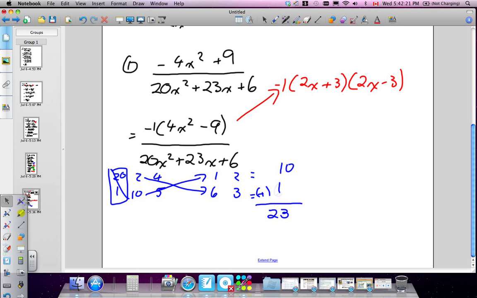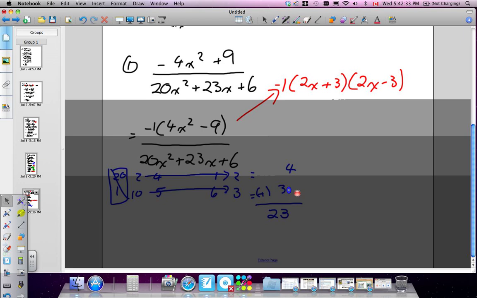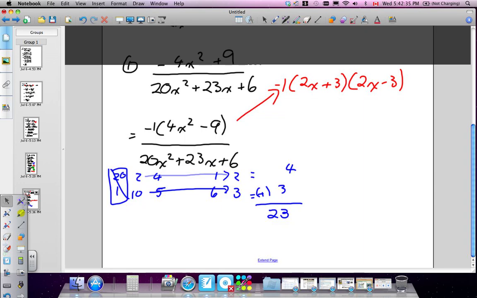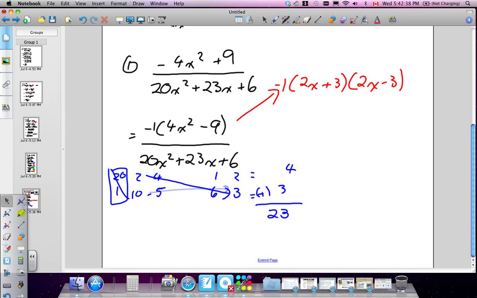Let's go to the next column. 2 and 2, 10 and 3. That's going to be 4 and 30. No, not going to work. How about 2 and 3 and 10 and 2? 6 and 20? No. Okay. By elimination again, I know that column doesn't work. So it's got to be this column here.